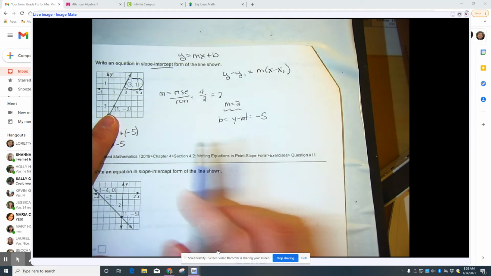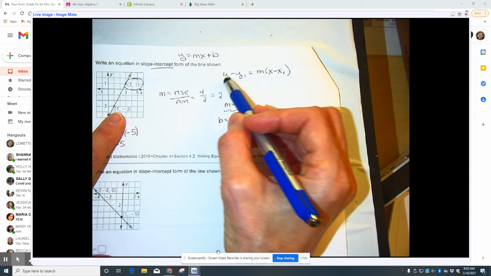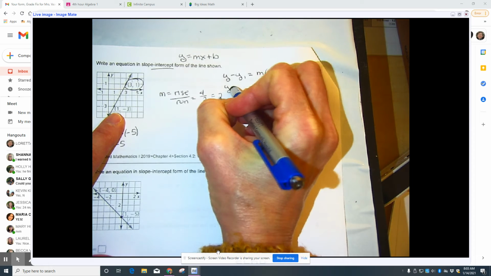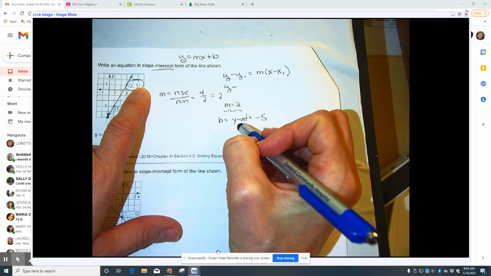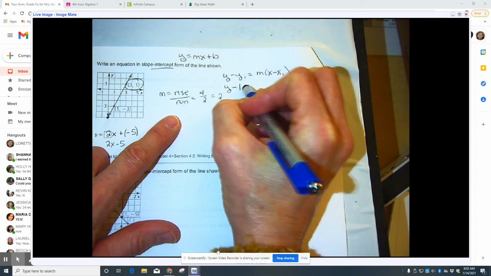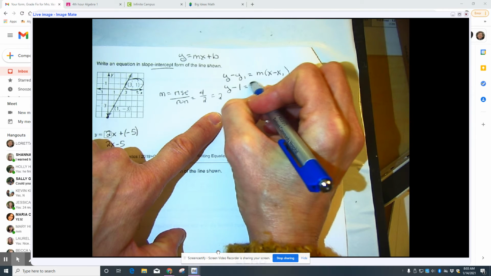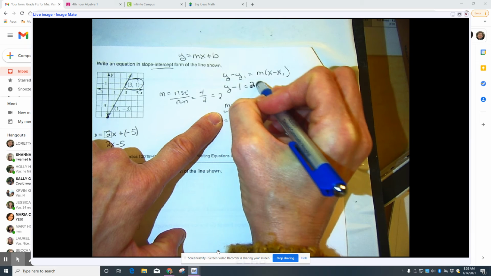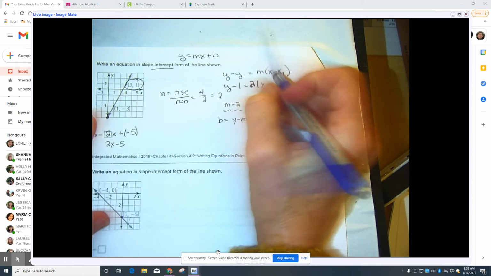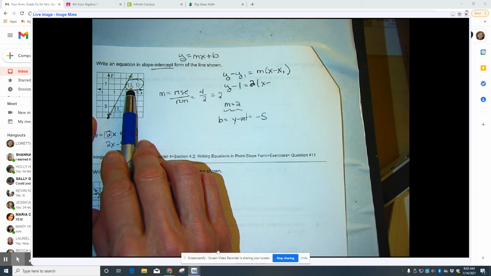I like to not deal with negatives. So y minus, this is my y value, 1, equals my slope, m. My slope is 2, I know that. x minus, the x value of my point is 3.